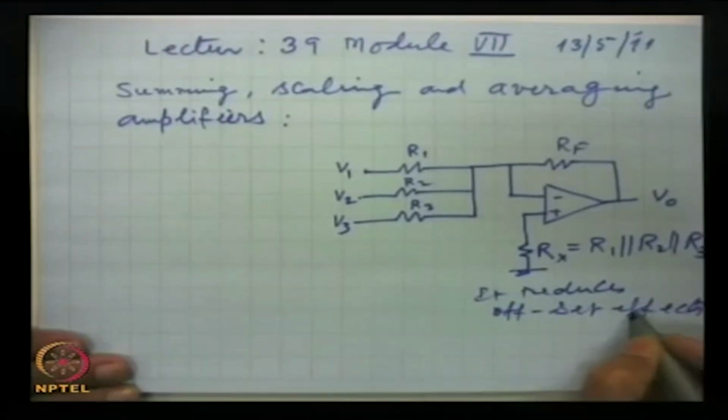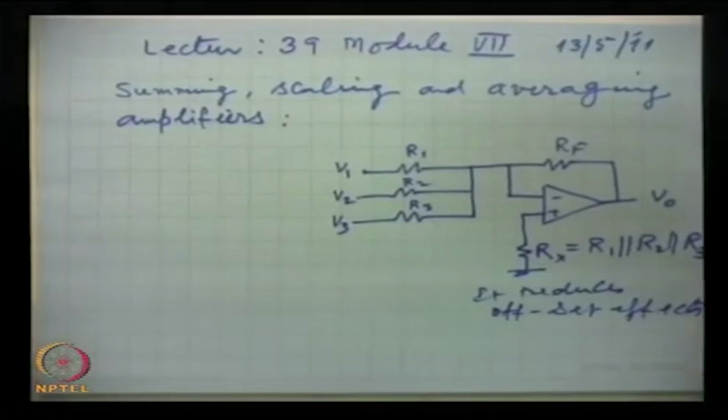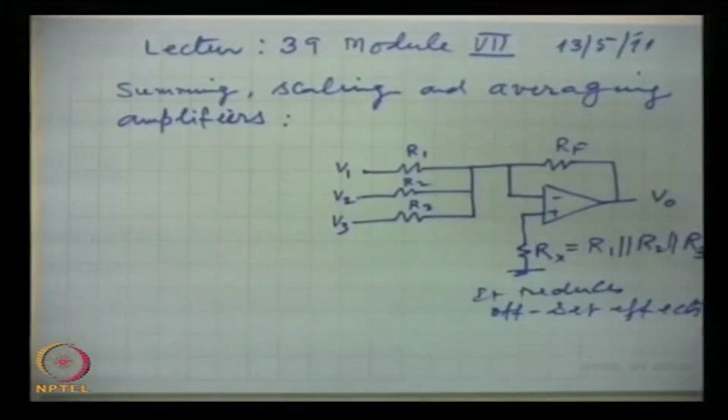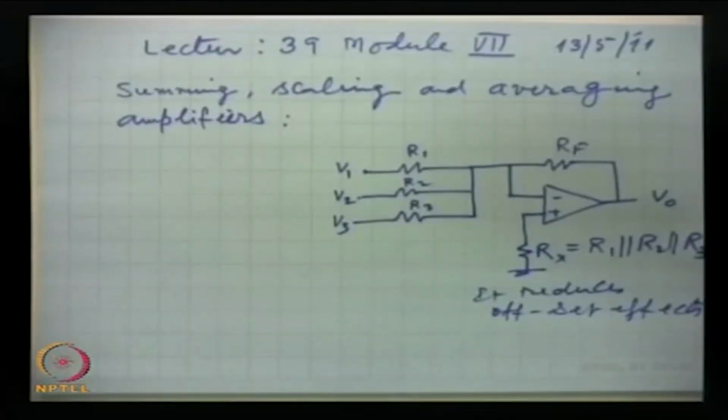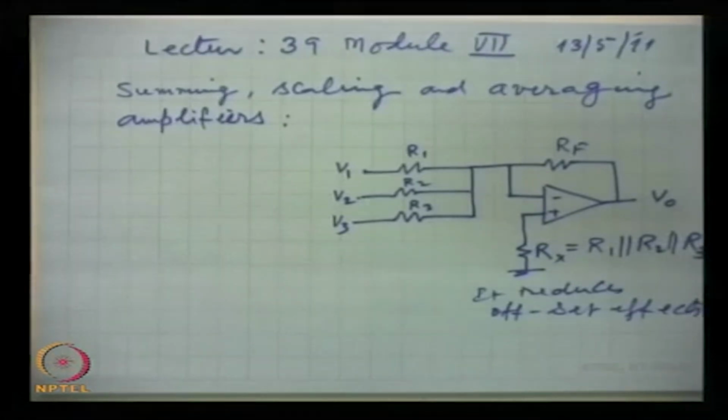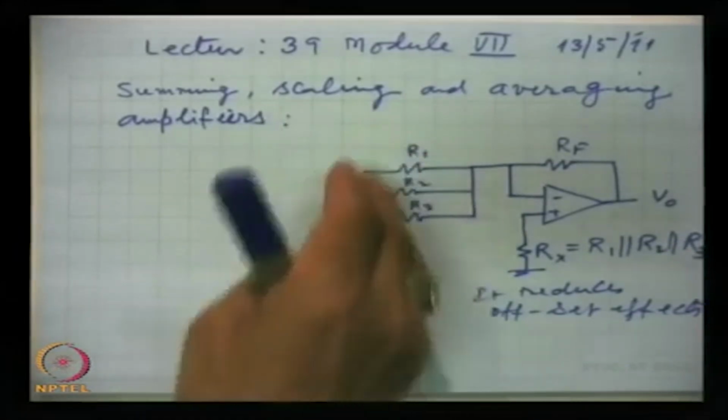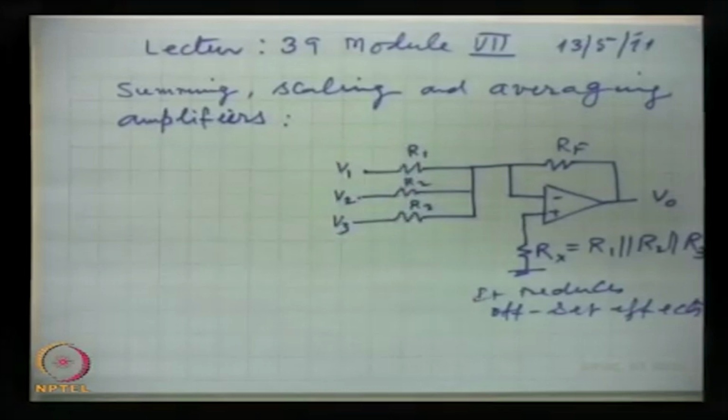We have not yet talked about the offset effects. We will talk a little later about these things, but they arise because of the asymmetry in the design of the circuit, and even when the inputs are absent, some currents still flow.